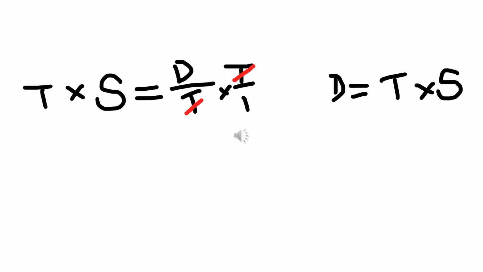So once again, we're going to turn to algebra, and we're going to manipulate the problem and balance it out so that time is left on one side of the equation and distance and speed are left on the other side of the equation. So we're going to do that by dividing one side by speed and dividing the other side by speed. We'll go ahead and cancel out speed, and we're left with time equals distance divided by speed.